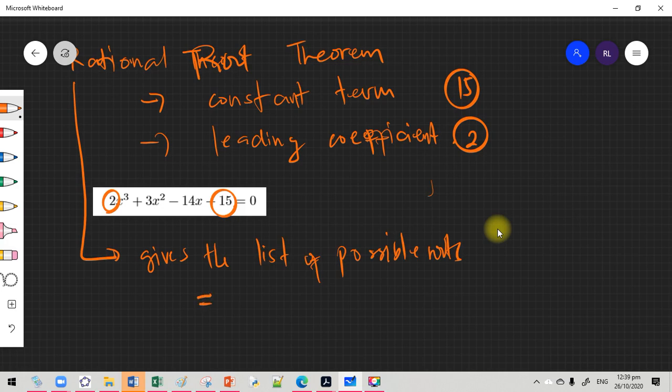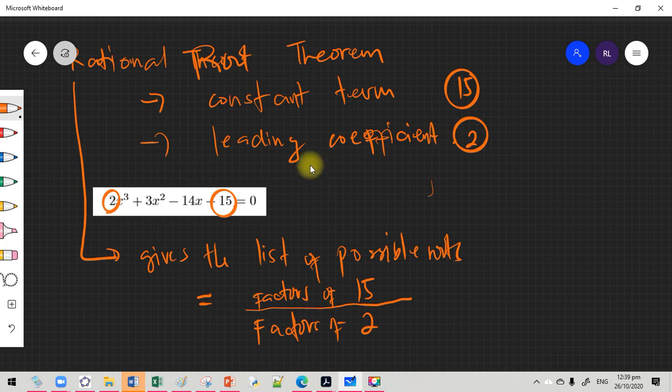And how do we do that? Factors of the constant term, which is 15, all over factors of the leading coefficient, which is 2. So the rational root theorem gives the list of possible roots by taking the factors of the constant term divided by the factors of the leading coefficient.